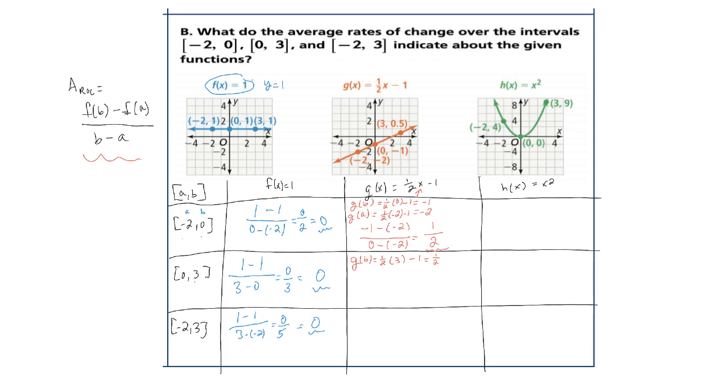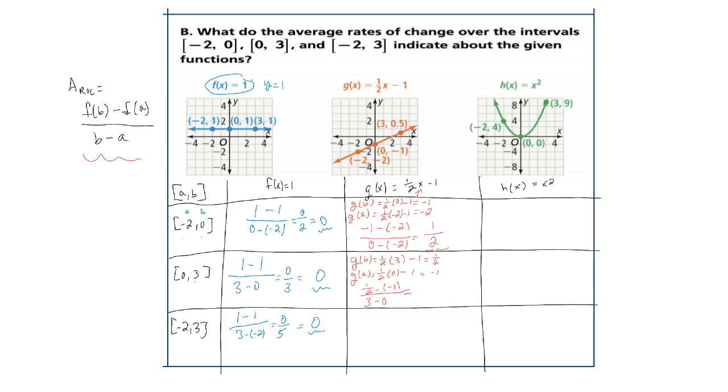All right. And then we have g of a, which is 1/2 times 0 minus 1, which is -1. Okay. So we're going to do g of b, so 1/2 minus 1 over, minus -1 over our b, which is 3, minus 0.